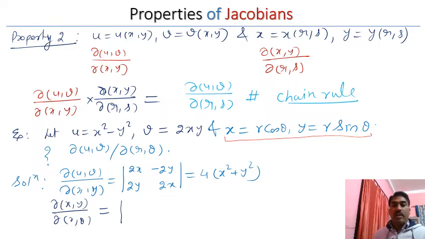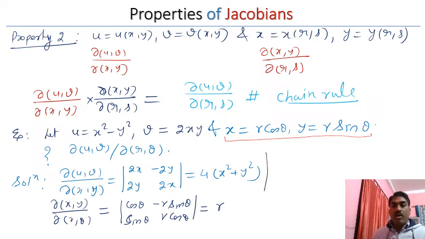Del x by del r is equal to cos theta, and del x by del theta is minus r sin theta. Then del y by del r is equal to sin theta, and del y by del theta is equal to r cos theta. So once you open the determinant, you will get r.